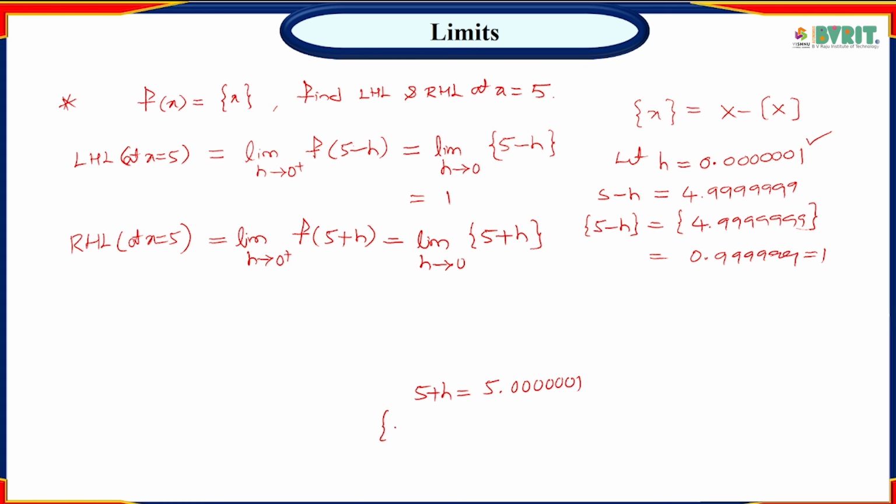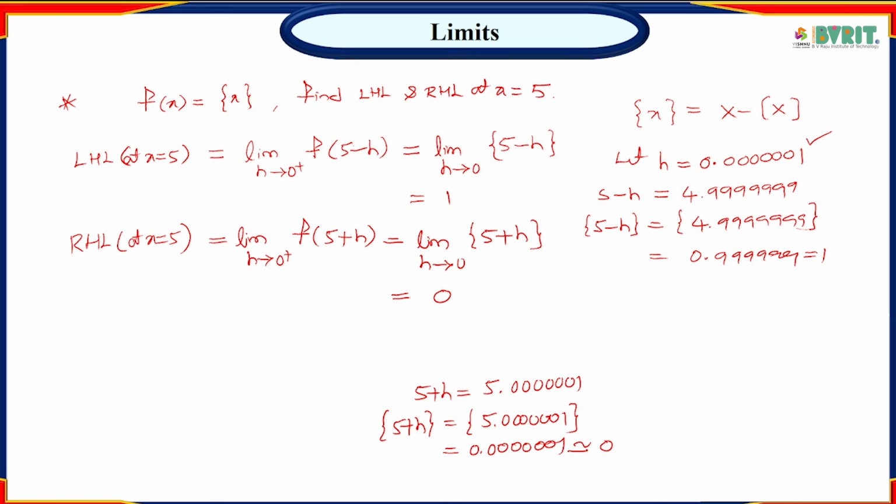Then f of 5 plus h is equal to fractional of 5.000001. Then the value is 0.000001, which is nearer to 0. The right hand limit value is 0.